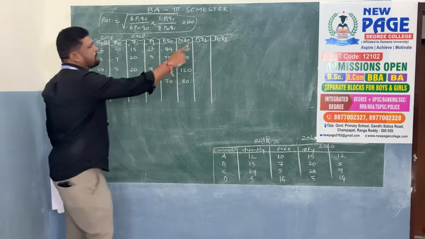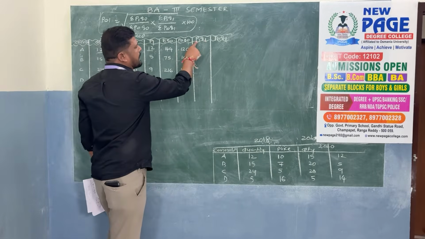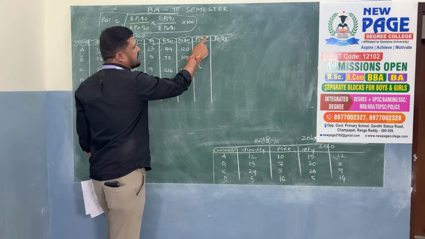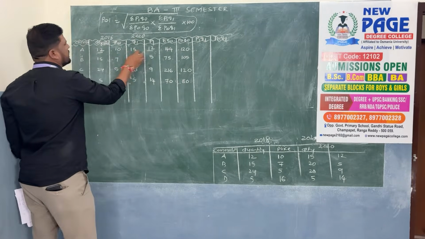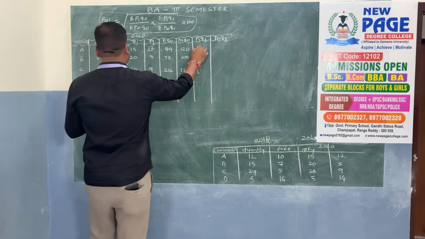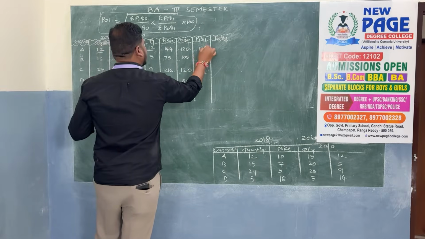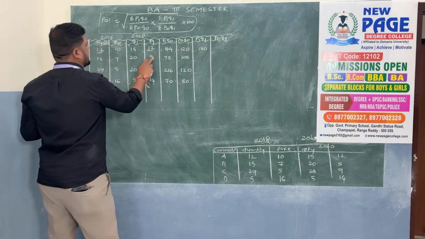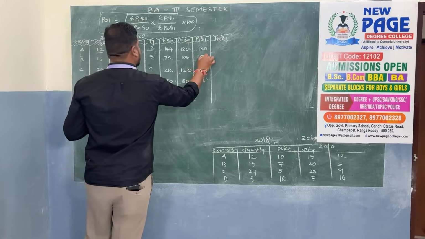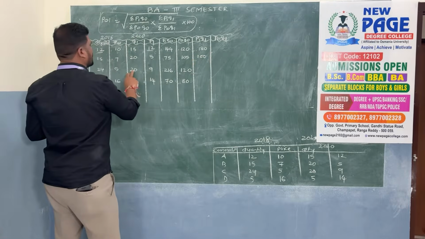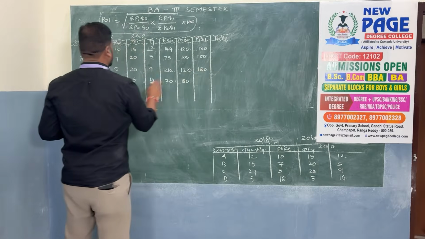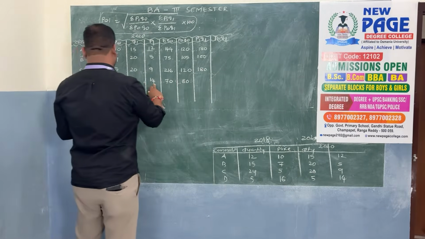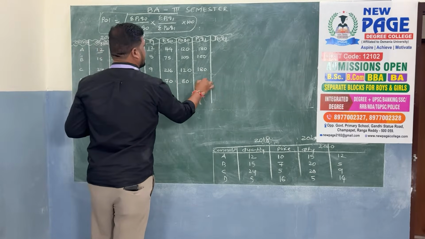Next, P1 Q1. Okay, current year price multiplied with the current year quantity. 15 into 12, 180; 20 into 5, 100; 20 into 9, 180; 5 into 14, 70.